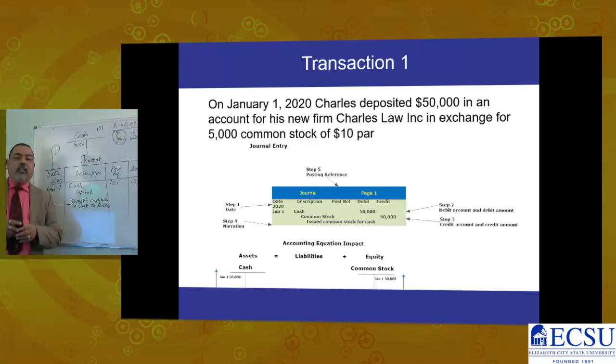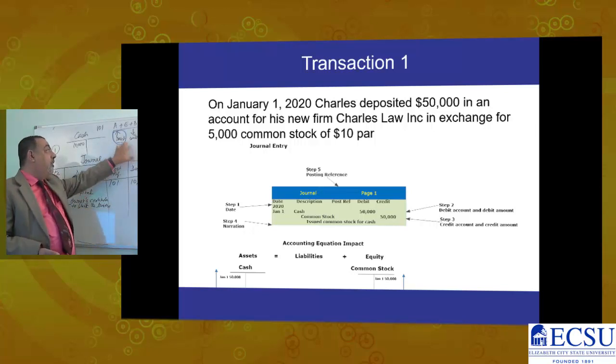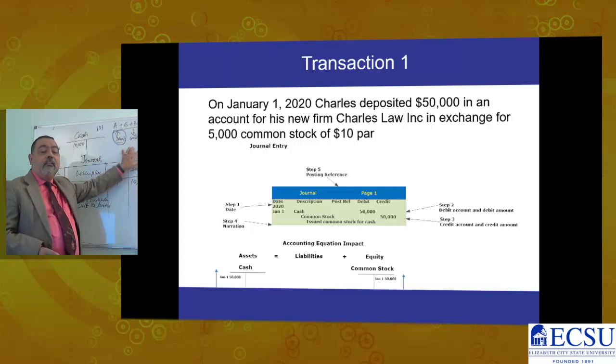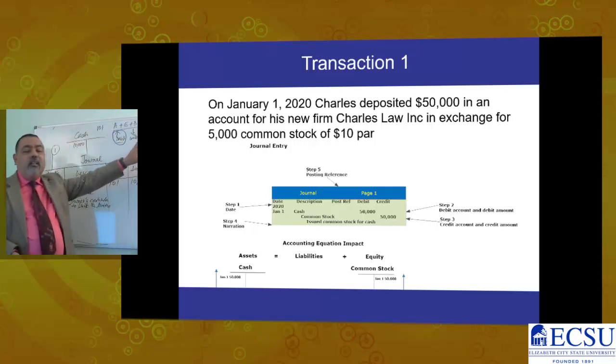And in the accounting equation impact, you see the cash account is increasing, therefore it is on the debit side. Common stock is increasing, it is on the credit side. Again, following the rules of debit and credit. Cash is an asset, and if it is increasing, it's on the debit side. Owner's equity is on the right hand side.